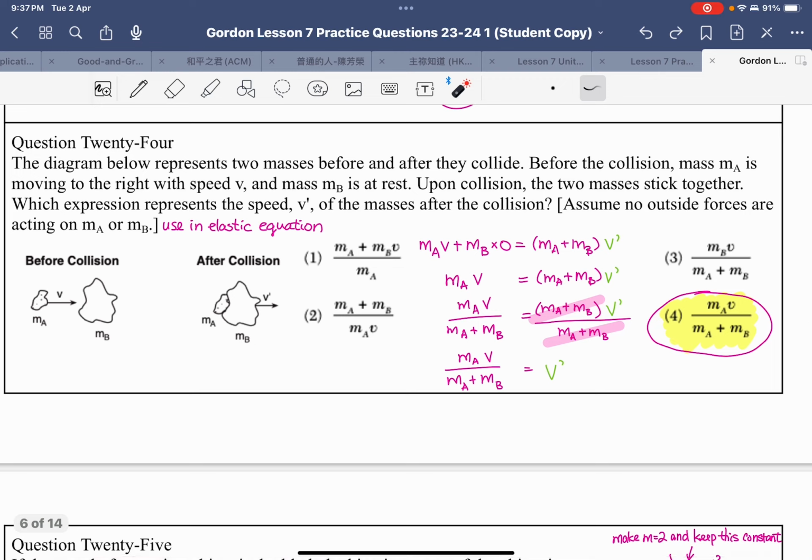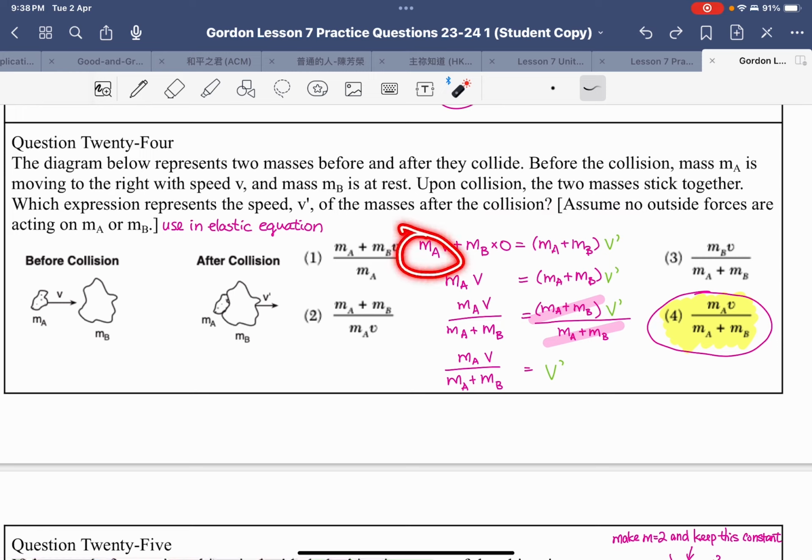Question 24. You've seen this question before, however, this time we're asking a more conceptual question. We're asking you to represent the velocity of these two masses using an equation. And so if you look at this, you know that we have to use the inelastic equation.